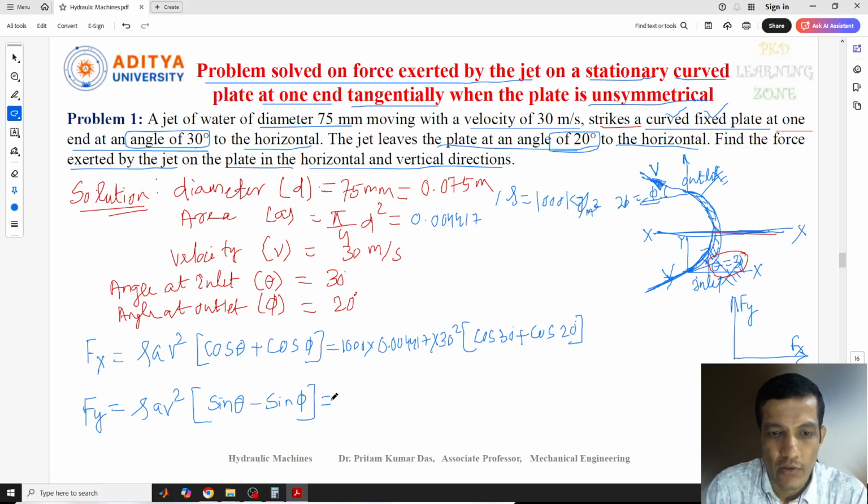Similarly, here also we write the same thing, just changing the value: 1000, 0.004417, velocity square 30 square, bracket star, sin 30 minus sin 20 degree. And this one we need to solve with the help of the calculator.